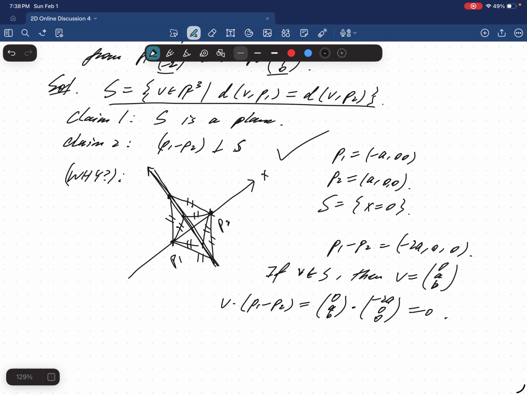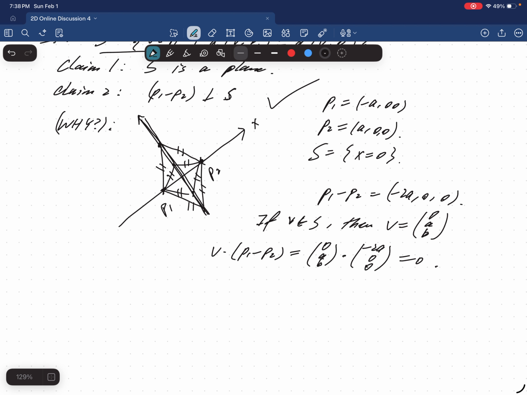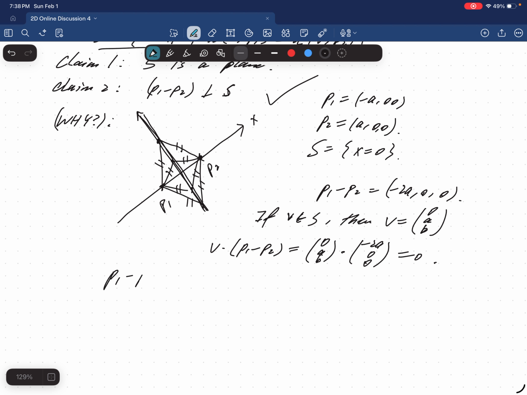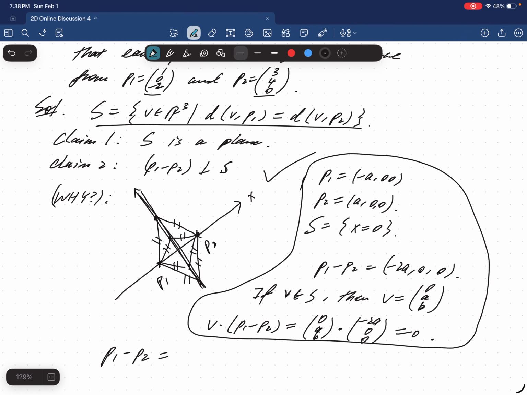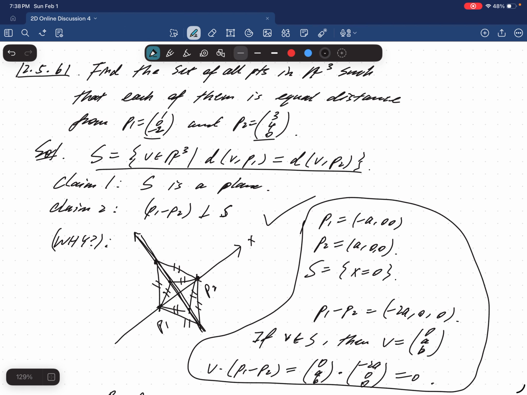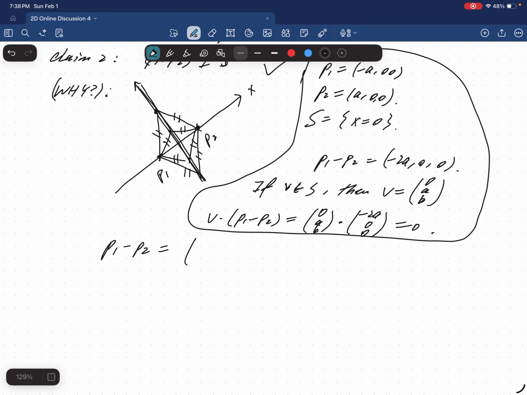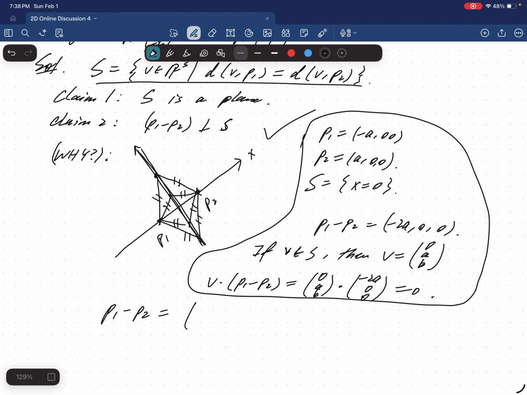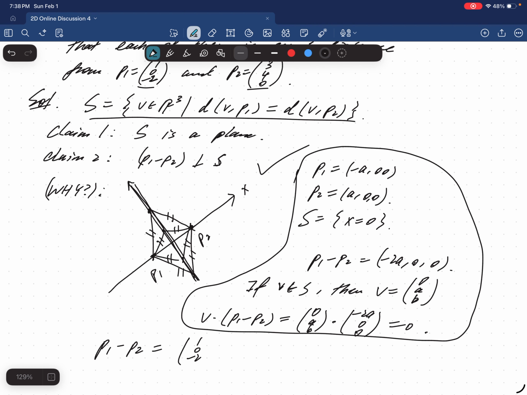Great. So I can now calculate what my P1 minus P2 is for my general case. This is my specific case, and for my general case, P1 minus P2 is just going to be (1, 0, -2) minus (3, 4, 0).